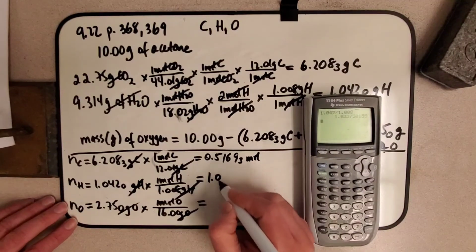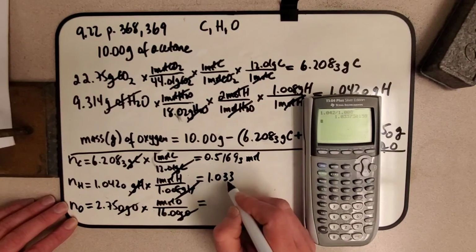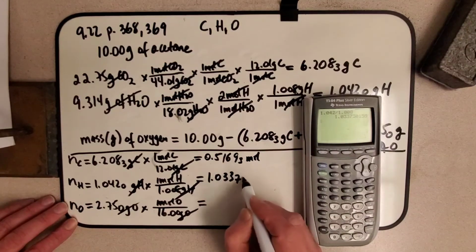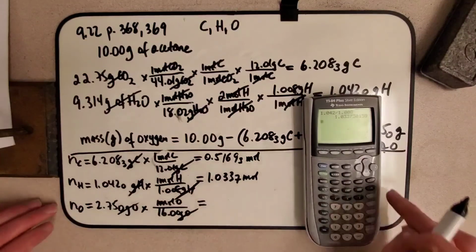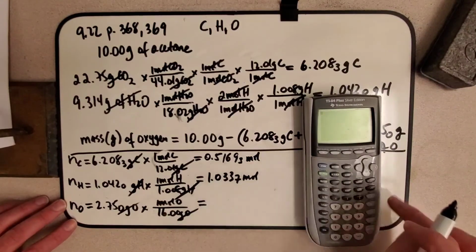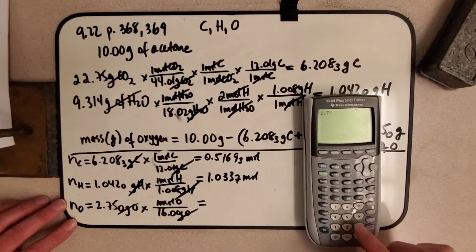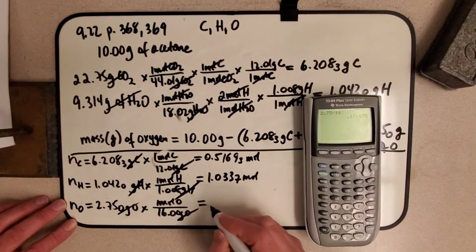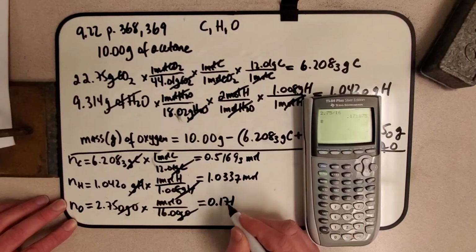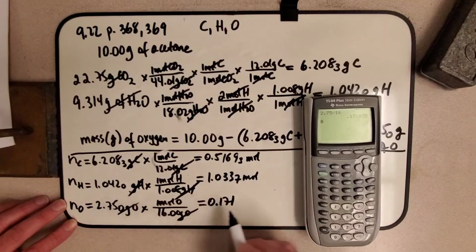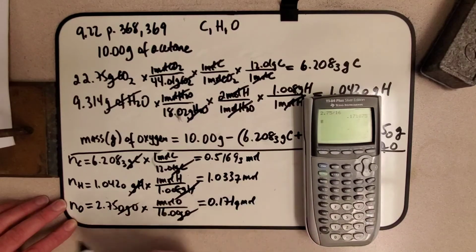Okay, so that gives 1.033(7) moles of hydrogen. And the next one will be 7.50 divided by 16, and then we got 0.171(9). We've got 3 significant figures here, of course. That will be the moles of oxygen.